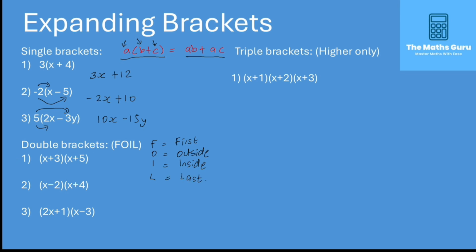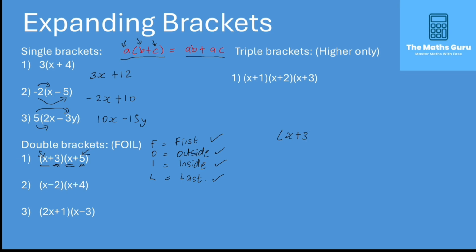So what this means is we take the first terms in the brackets, multiply them, then we take the outside ones, then we take the inside ones, which is 3 and x, and then the last ones is 3 and 5. Hopefully this makes sense in a second.